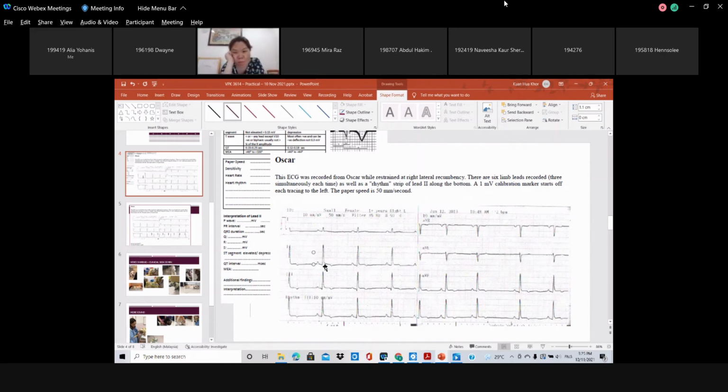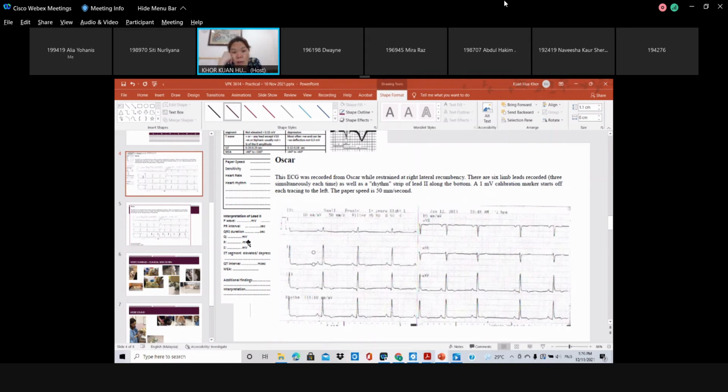What do you think the R millivolt answer would be? Seventeen boxes. Okay, can also. So if it is 17 boxes, then how many millivolts? 1.7 millivolt, you are right.